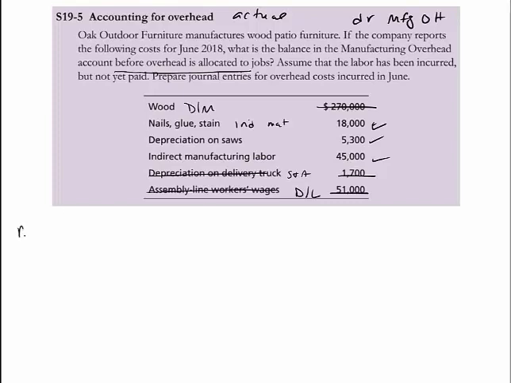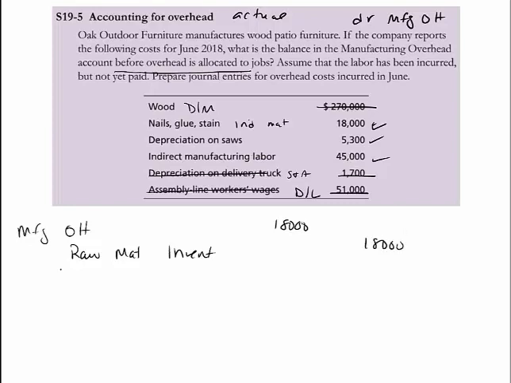So for the first one, I'm going to debit manufacturing overhead for $18,000. And for indirect materials, I'm going to be crediting raw materials inventory for $18,000.